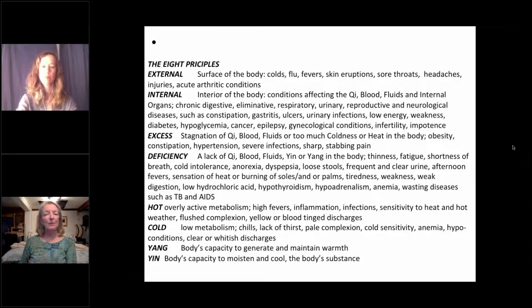Some people could have both chi deficiency and chi stagnation. What do you do in that case? You combine both herbs, depending on which is stronger. If chi stagnation is really strong, you'd have more chi moving herbs and just a little chi tonic. If you have more chi deficiency, you'd have more chi tonics, but you include a chi moving herb. In fact, all Chinese tonic formulas tend to have moving herbs included.